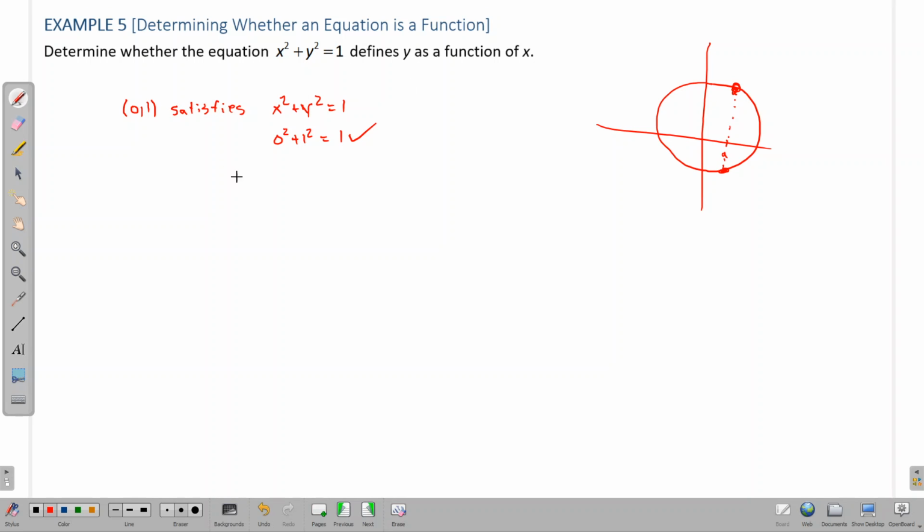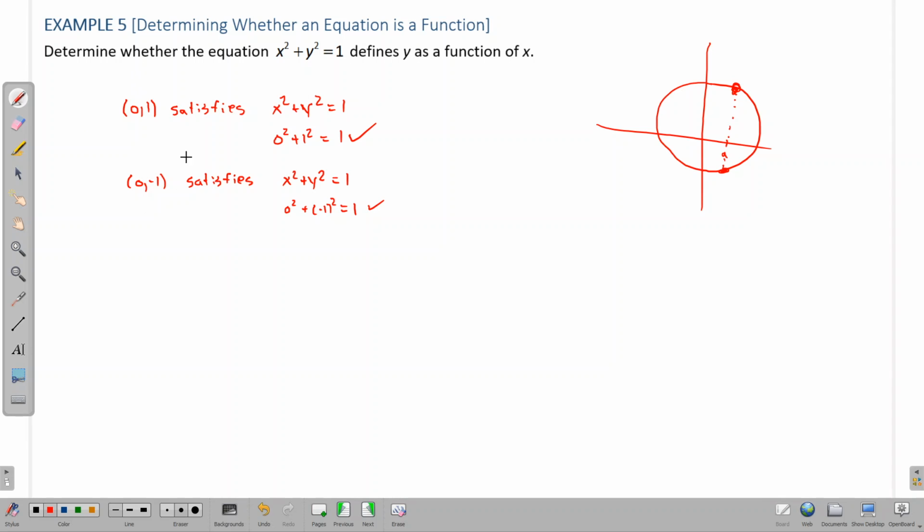It's on here somewhere. But I know that 0, negative 1 also satisfies. Right, and we can check it by inspection. 0 squared plus negative 1 squared. Make sure you have the parentheses on that. That is also equal to 1. Negative 1 squared is going to be a positive 1, so that also works.